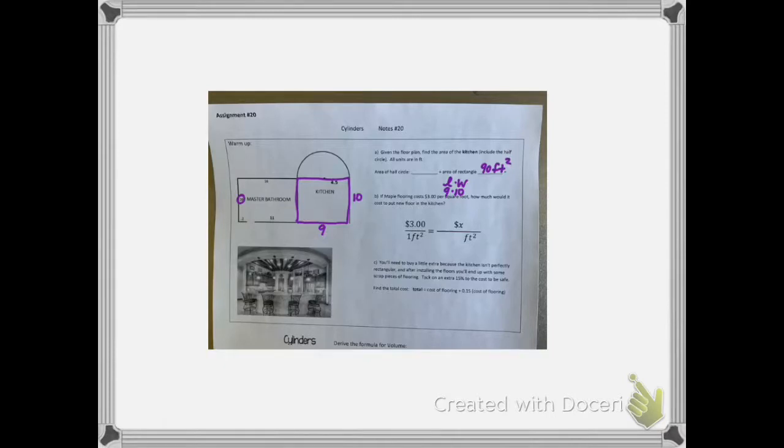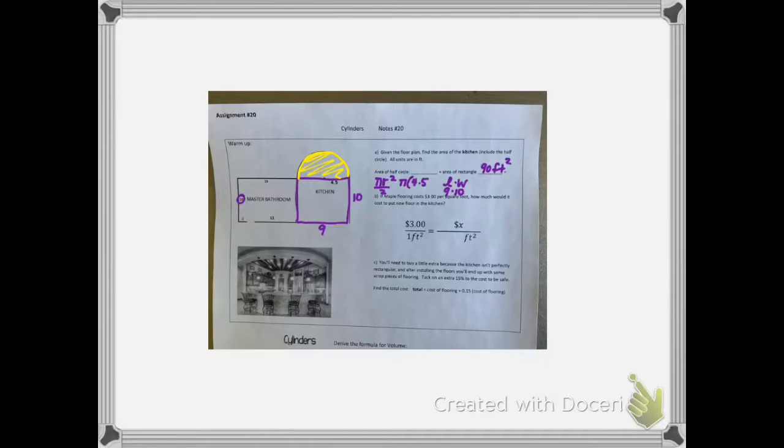For a circle, the formula is pi r squared. However, this is only half of a circle here. So to modify our formula, we're just going to divide by 2 since it's half a circle. The radius is 4.5 because it goes halfway across. We're using 3.14 for pi.